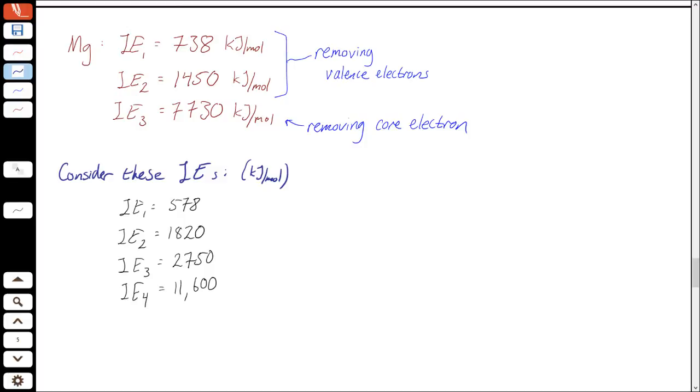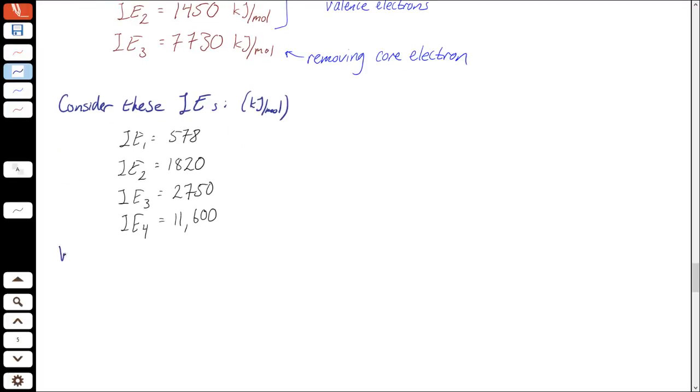And so then the question is, which third period element are we talking about? Which third period element has these successive ionization energies?